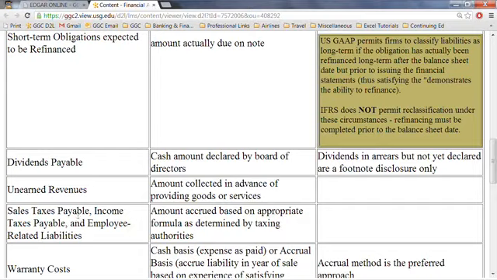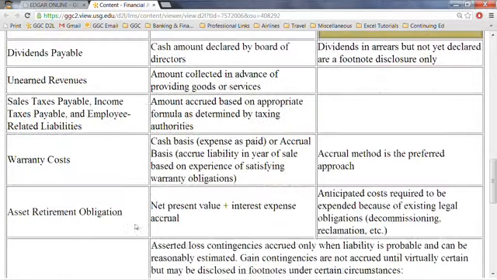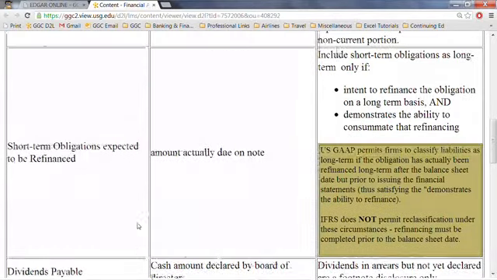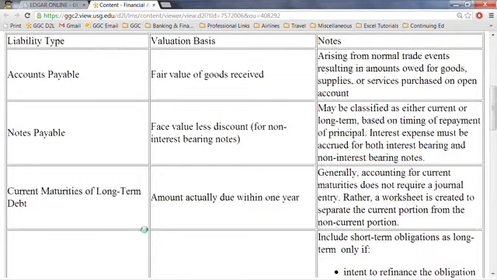You can imagine the state taxing authorities don't really appreciate firms taking more than a year to remit sales taxes payable. That'll get them in trouble most of the time.